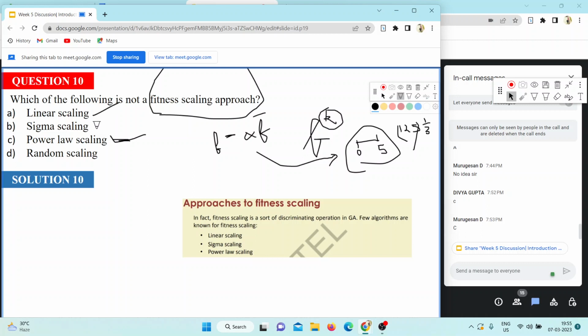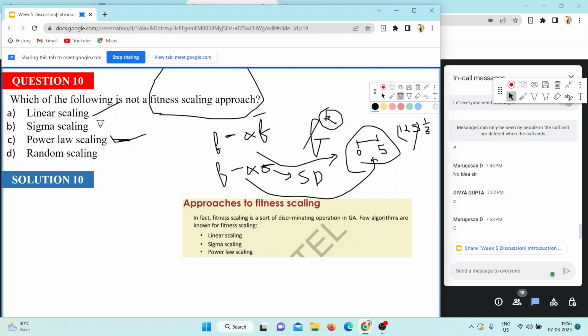And the other one is sigma scaling. It is the same thing, only instead of alpha times f bar, you compute f minus alpha times sigma, where sigma is your standard deviation. Again you are reducing something from your fitness value to fit it into your particular scale.